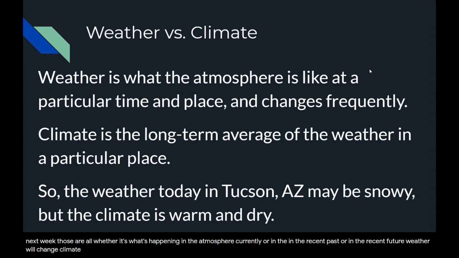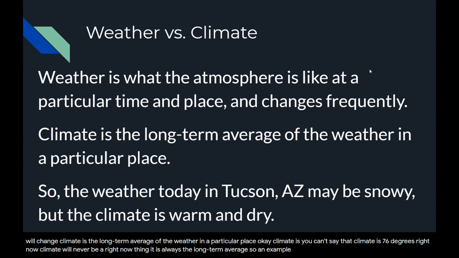Climate is the long-term average of the weather in a particular place. Okay, you can't say that climate is 76 degrees right now. Climate will never be a right now thing. It is always the long-term average.